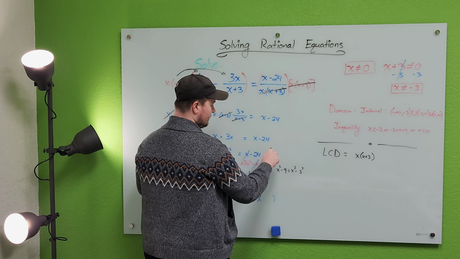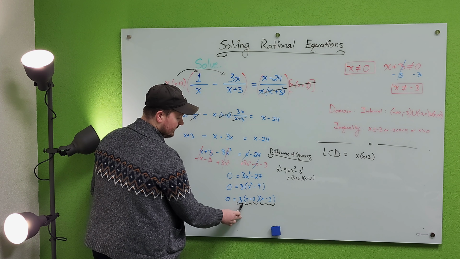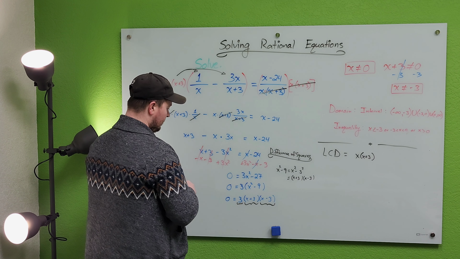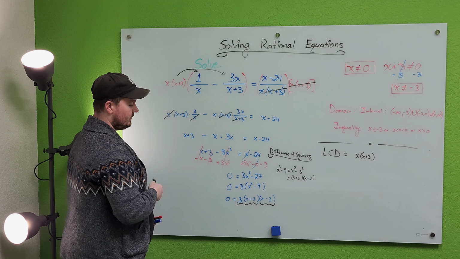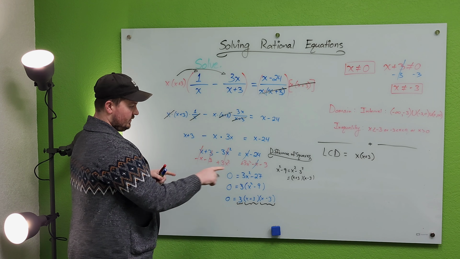Similarly, there's an x in this factor, and if we could figure out what x has to be to make this factor equal 0, 0 times anything equals 0. So separately, we will take each of these factors, set them equal to 0, and solve for x. And those values are the values for x that should make this equation true.